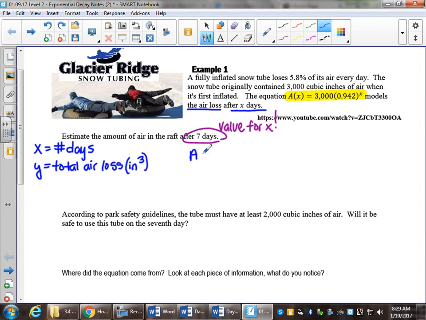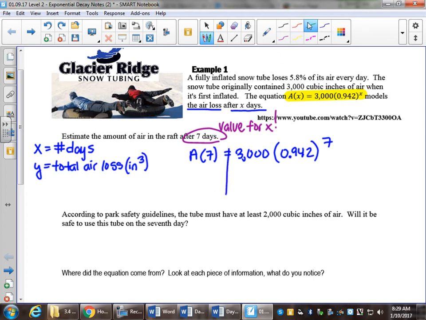So we're going to calculate A of 7 equals 3,000 times 0.942, and I said A of 7, so wherever we see X, we are substituting in 7, so I put a 7 as the exponent. If you haven't gotten your calculator out yet, please do that now, because this is purely a calculator question.